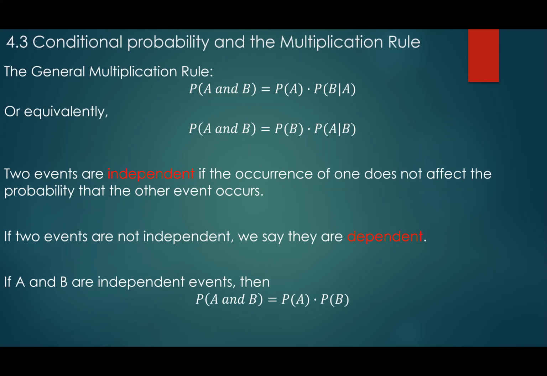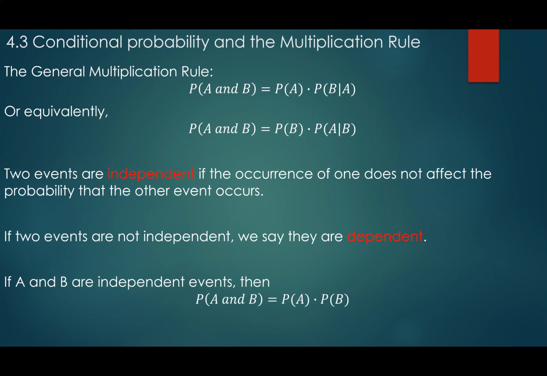Let me ask you, are the 2 events independent from each other? Meaning, is the outcome of the second one affected by the outcome of the first one? Hopefully you say no, right? Because every time you flip the coin, it's 50-50, either a head or a tail. And you flip the second time, it's still a head or a tail.